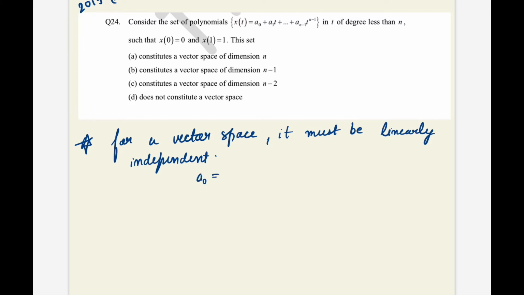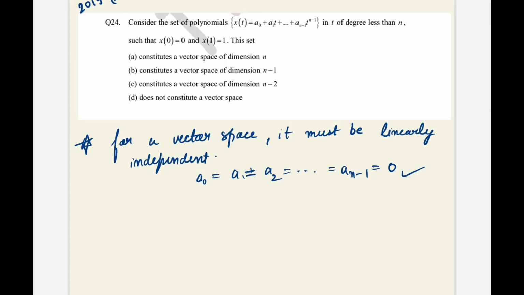All the coefficients a2 up to an minus 1 must be equal to 0. So from x of 0 equals 0, this is the condition which has to be satisfied for linear independence, and then it will constitute the vector space. If it doesn't satisfy this, then it is not a vector space.